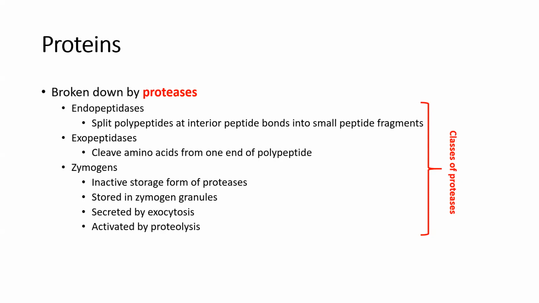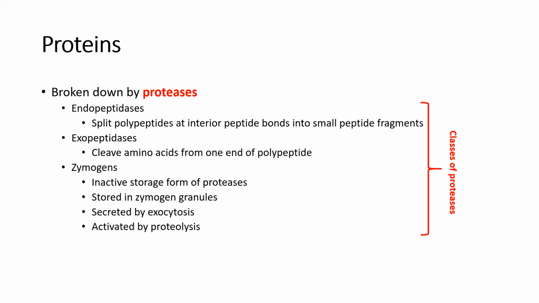And then we have a general class of enzymes that we call zymogens, which are the inactive storage form of these proteases. So zymogens are basically these inactive enzymes that are stored in the pancreas for the most part. They're stored in these granules called zymogen granules, and they are secreted into the lumen via exocytosis. And these make their way from the pancreas where they're stored to the GI tract, to the duodenum specifically.